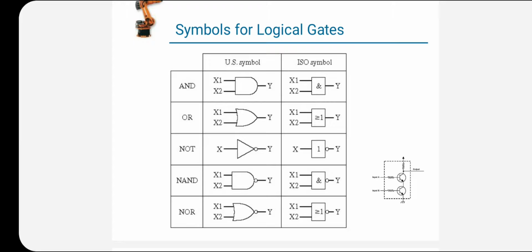AND is a multiplication of 2 inputs, OR is an addition of 2 input signals, NAND is a combination of AND and NOT, and NOR is a combination of OR and NOT. These are symbols for logic gates, and this is very easy. We can use these gates in pneumatic circuits also.